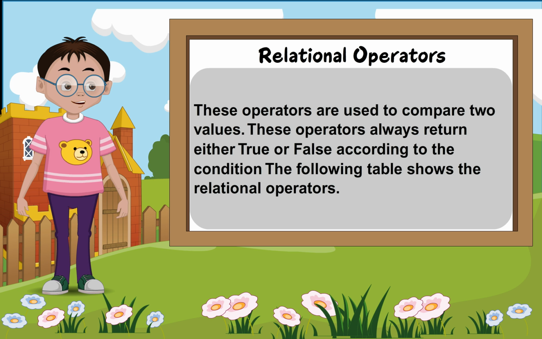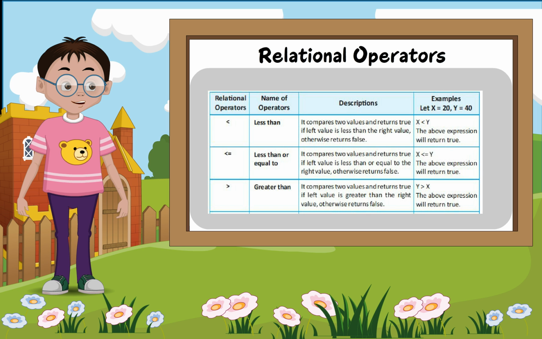Relational operators. These operators are used to compare two values. These operators always return either true or false according to the condition. The following table shows the relational operators. Relational operators, name of operator, description, examples. Let x equal 20, y equal 40. Less than.